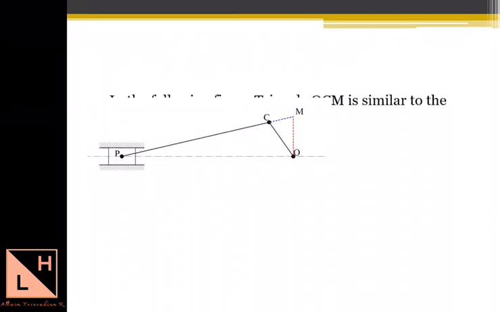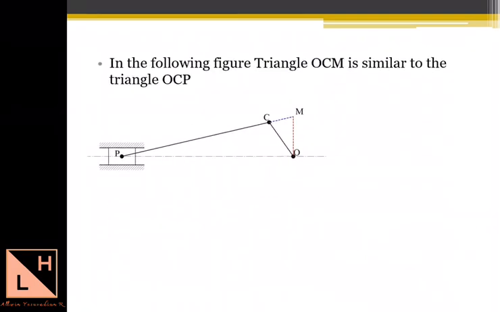Now the triangle OCM is actually similar to the triangle we created with the help of the direction of velocities. You can have a look at the triangle obtained from the slider crank mechanism, which is called Klein's velocity diagram, that is OCM.